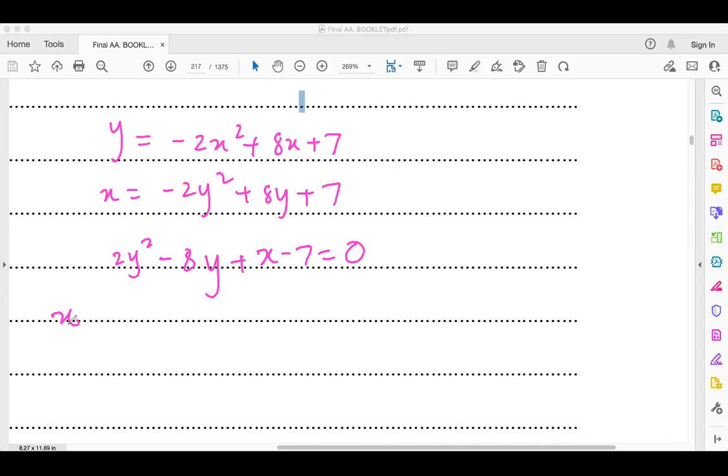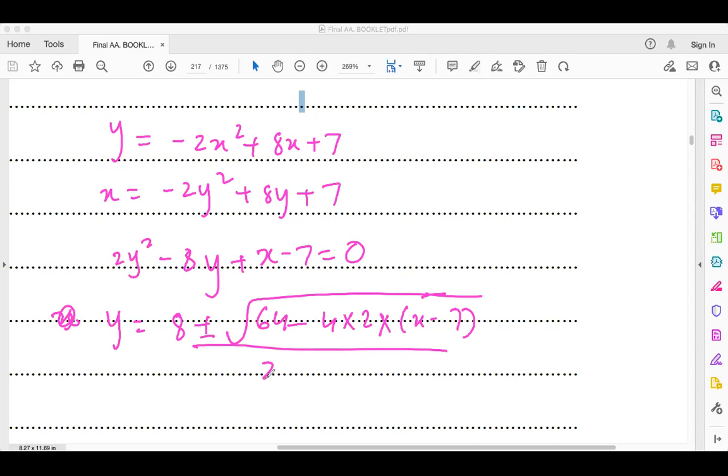Then you can apply the quadratic formula. So y will be negative b, which will be 8, plus or minus the root of 64 minus 4 times 2 times (x minus 7), upon 2 times 2, which is 4.